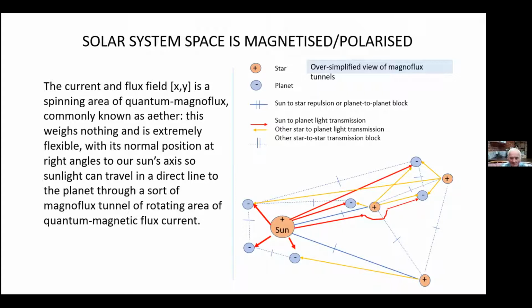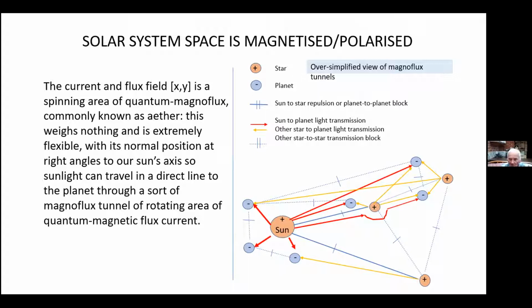The picture, which has been redrawn for us very kindly, shows the rays of light, which is exactly in the position, of course, of where the solar wind runs. And we mark the solar wind and the light in red with arrows on, showing the light and the solar wind going to each of the planets.